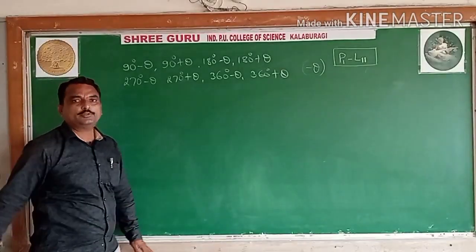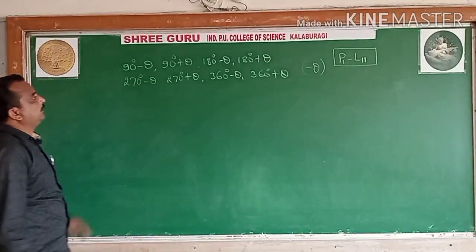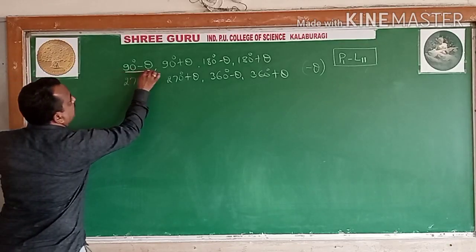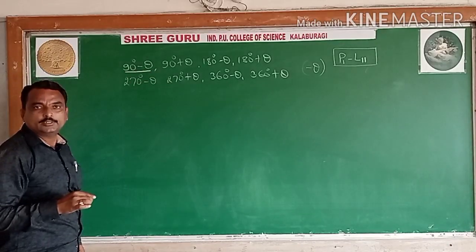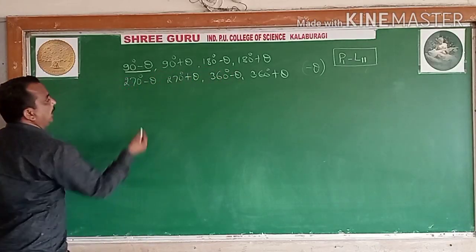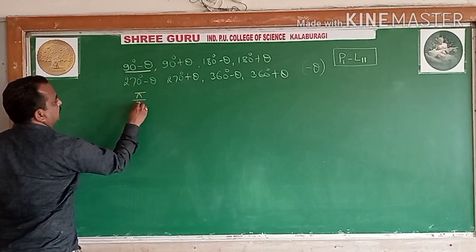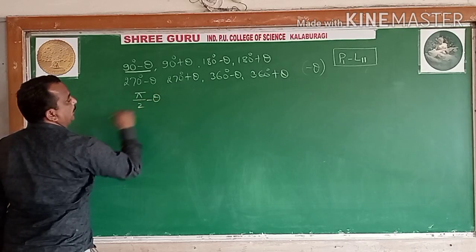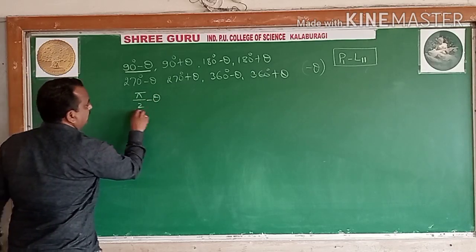In the previous class we have discussed the allied angles, in that 90 degree minus theta. Now we have to discuss the remaining allied angles, and in terms of radians also we take 90 as pi by 2 minus theta. This is already discussed.